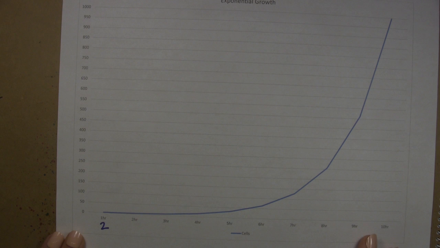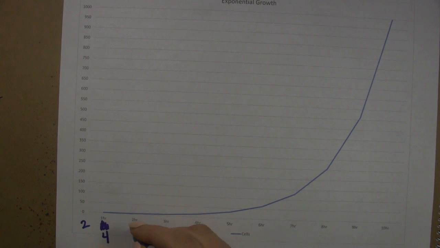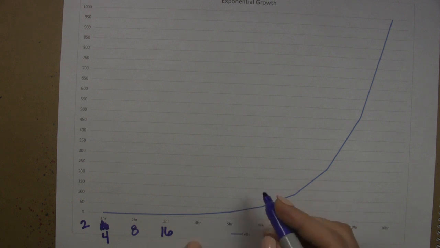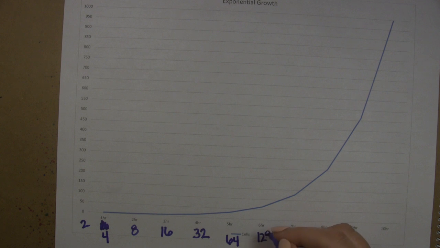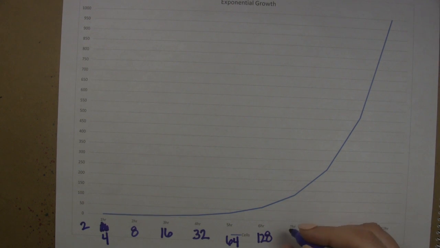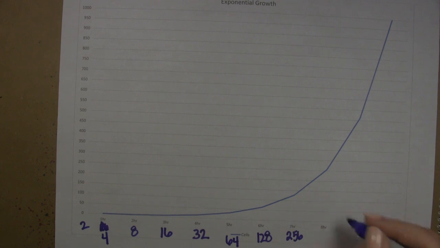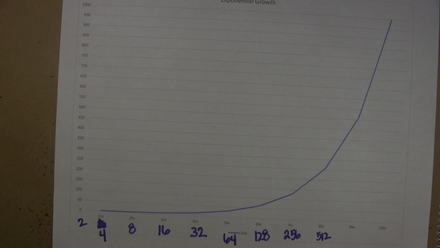So you would start with 2 cells, and then you would have 4 at 1 hour, and you would have 8 cells at 2 hours, and it would double again, so you would have 16 cells at 3 hours, and then that would double again, and you would have 32 cells at 4 hours, and then 64, and then 128, and 128 times 2 is 256, and 256 times 2 is 512, and 512 times 2 is 1024.